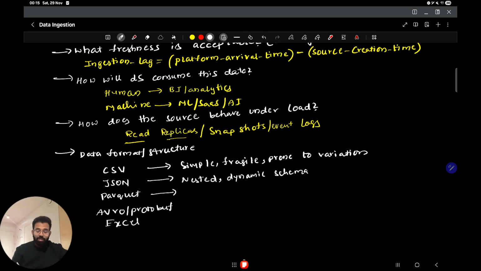If we talk about Parquet, it's actually super efficient, especially for analytic workloads. If you want to do any kind of analytic workloads, this is super efficient, and not just Parquet but any kind of columnar format with good compression and indexing. With Avro, one of the good features is super schema governance.